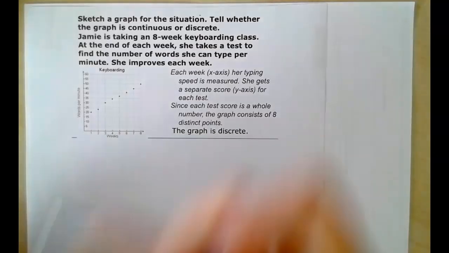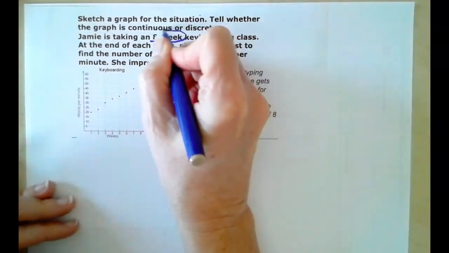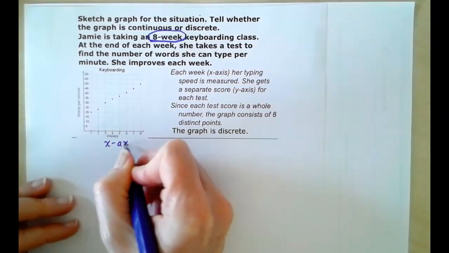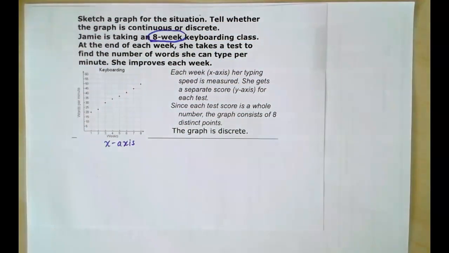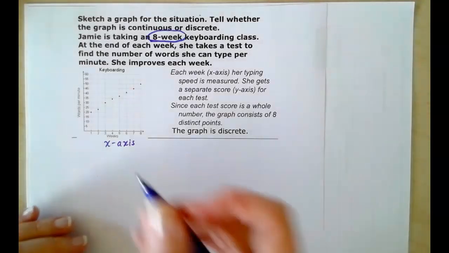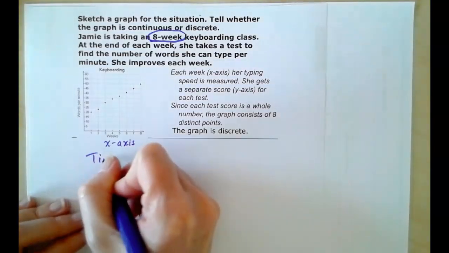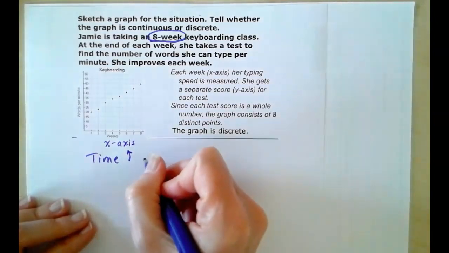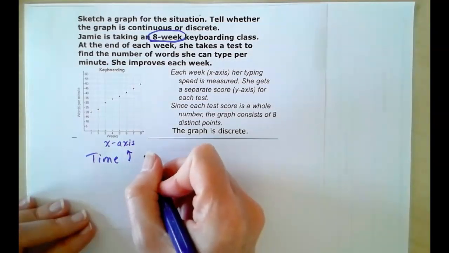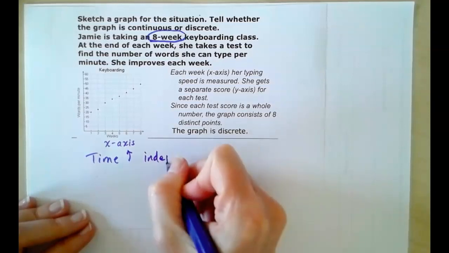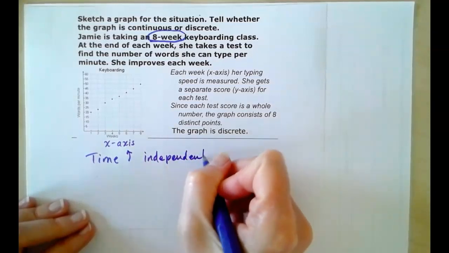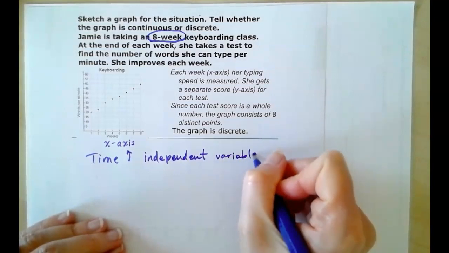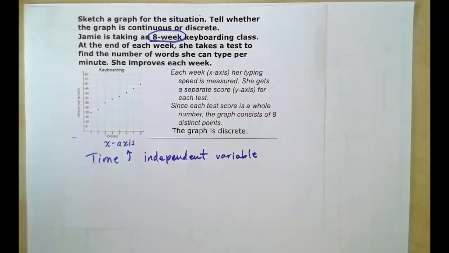Right away, I just want to let you know that 8 weeks is right down here on the x-axis, and pretty much any time that we are discussing the whole idea of time, it is going to go on the x-axis because time is almost always the independent variable. The independent variable is time. That is something that we cannot change.